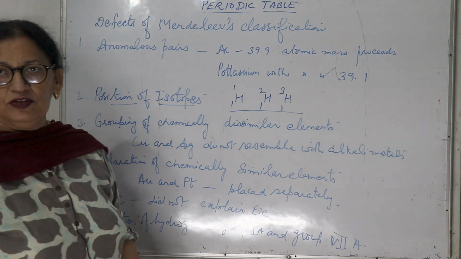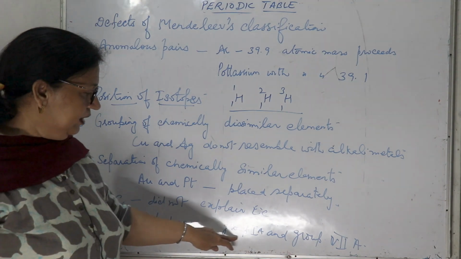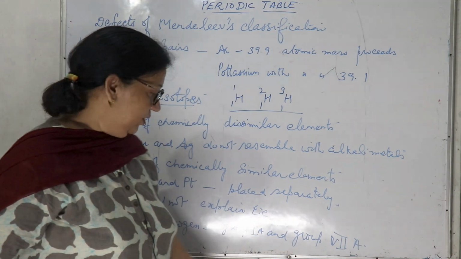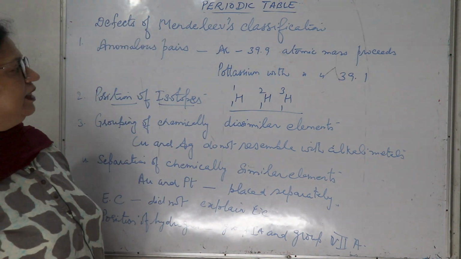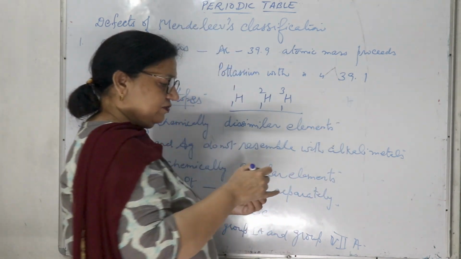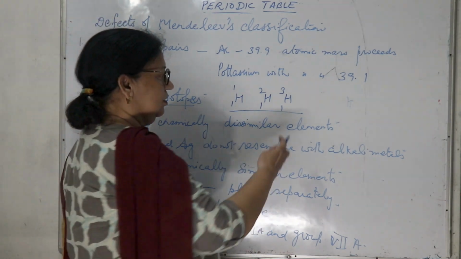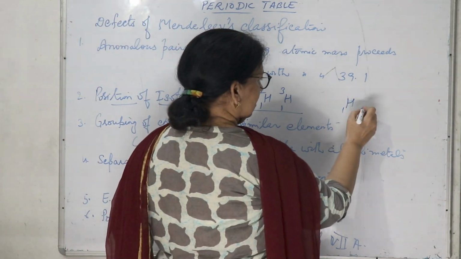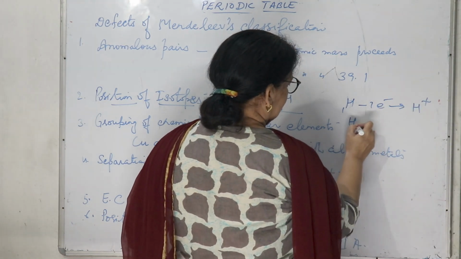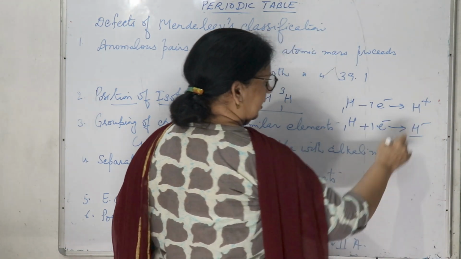And last one is position of hydrogen. The position of hydrogen is still controversial, as hydrogen has some properties resembling group 1A, the alkali metals, and some properties resembling group 7A, that is halogens, because hydrogen has a tendency to lose the electron as well as to gain the electron. Hydrogen has 1 electron, so it can lose an electron and become H positive, and it can gain 1 electron and form a negative ion, that is hydride ion.